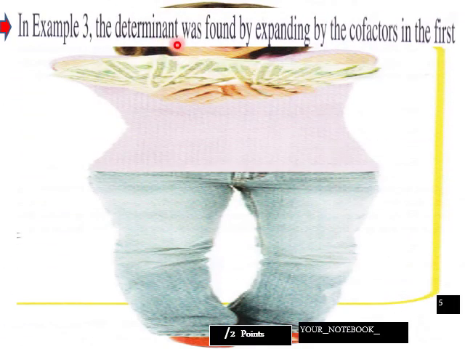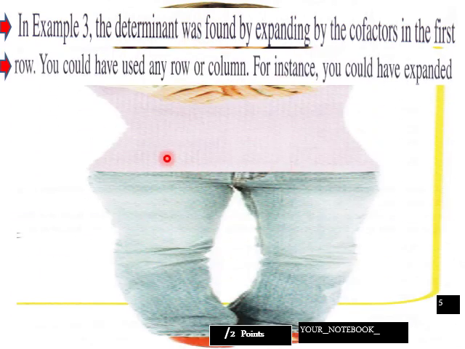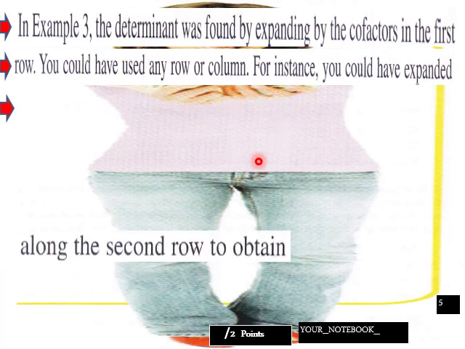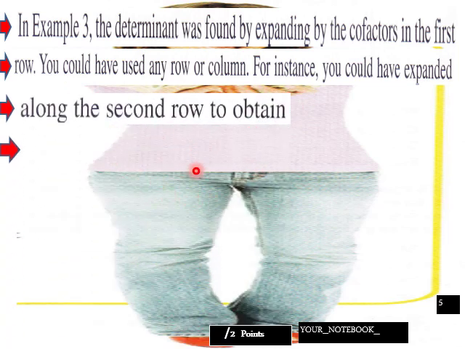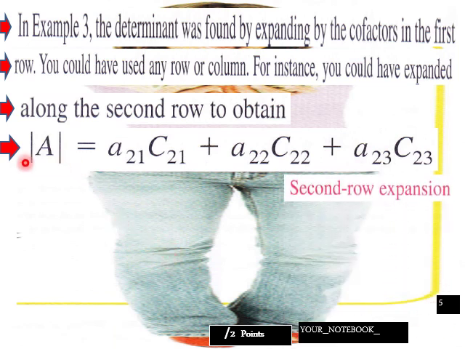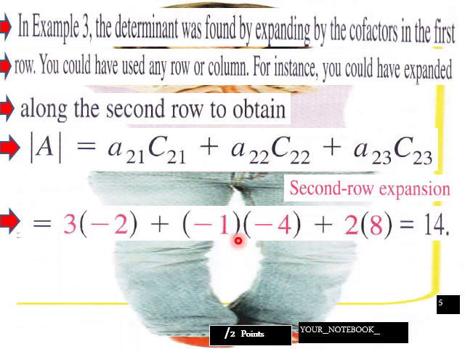In example 3, the determinant was found by expanding by the cofactors in the first row. You could have used any row or column. For instance, you could have expanded along the second row to obtain, so the determinant of A would equal A21 C21 plus A22 C22 plus A23 C23. This would be second row expansion there.